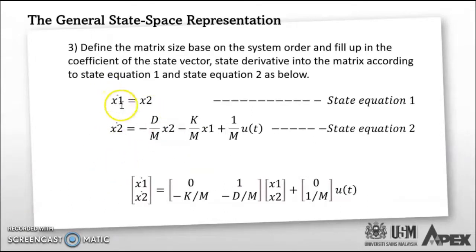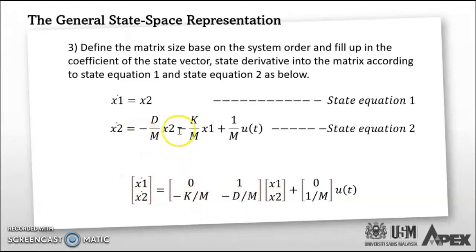So we have x1 dot here and x2 dot, equal to this. In the first equation, there's no x1 term, so it's 0. But there's an x2 term over here, so it's 1. We put 1 here, and then x2 dot goes to this row.